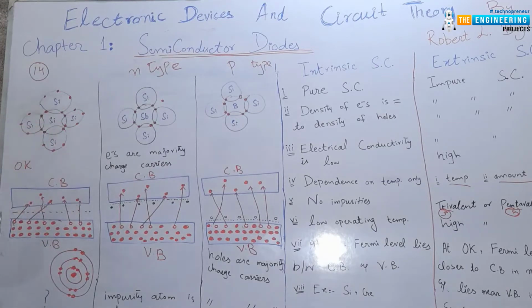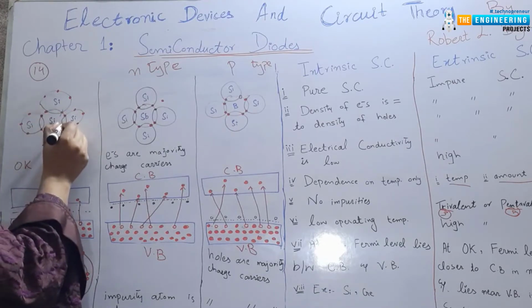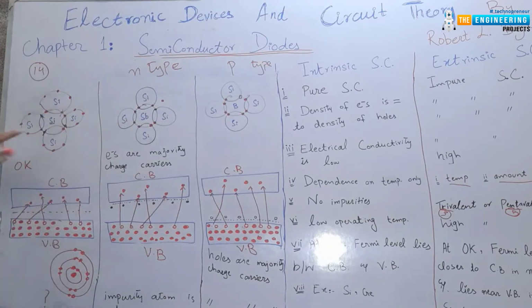So let us see here that this is the atom for central silicon, this is the atom, this is the atom, and this is the atom. Let us consider these 4 atoms are for the central silicon, and this silicon wants to complete its outermost shell. So it will make a covalent bond and share electrons.